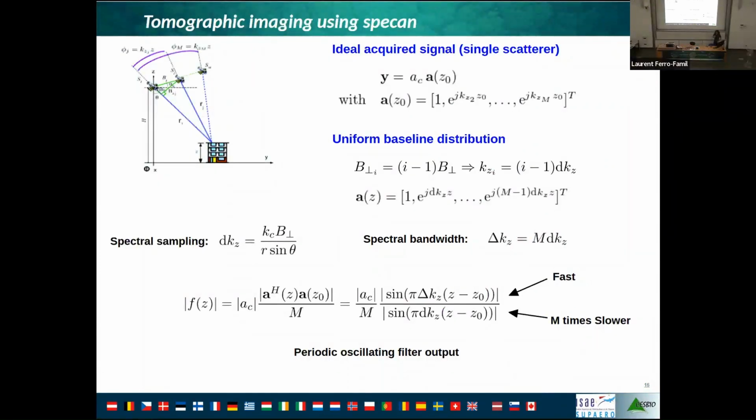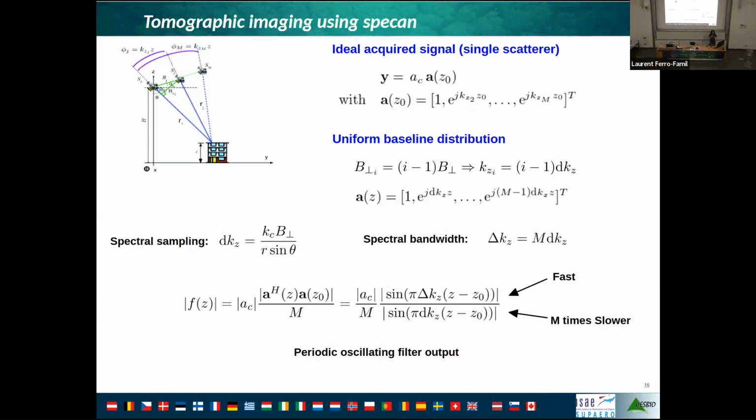How do we compute this resolution? We start from the model of the interferometric phase, which is linearized and corresponds to the actual height via the KZ coefficient, and the KZ depends on the baseline. We can put ourselves into a very simple configuration where the spacing is regular. This happens only with the German pilots.